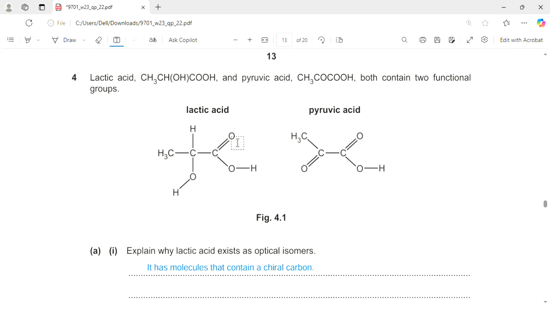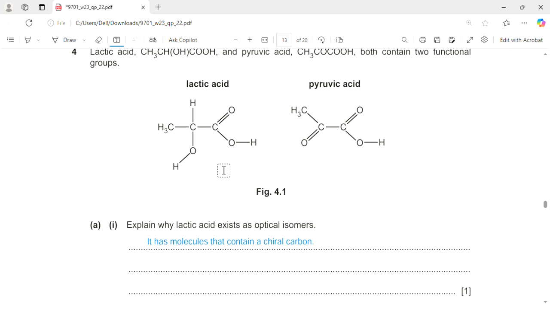One, two, three, it's a propanoic acid. But what is the full name of this compound? It's propanoic acid, but we have another group, a hydroxyl group OH here. So starting from this side of the carbon, one, two. Okay, so it's 2-hydroxypropanoic acid.